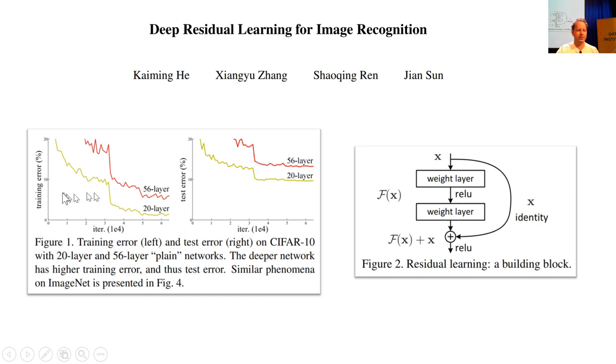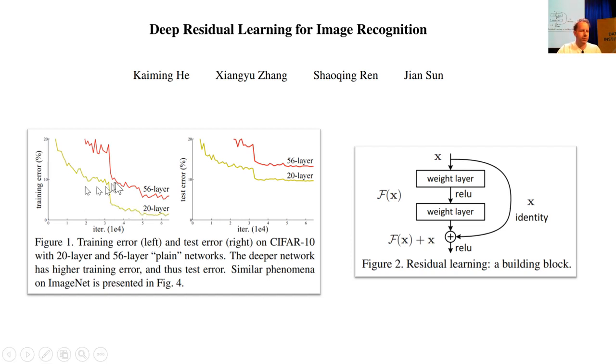And they did something interesting. They said, let's look at the training error. Forget generalization even. Let's just look at the training error of a network trained on CIFAR-10. Let's try one network with 20 layers, just basic 3x3 convs, basically the same network I just showed you, but without batch norm.